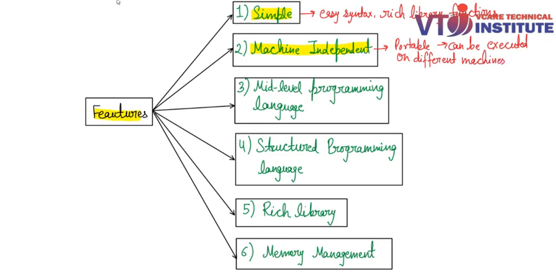The third point is that it's a mid-level programming language, which means it contains the features of both low-level and high-level programming languages. That's why it's called a mid-level programming language.